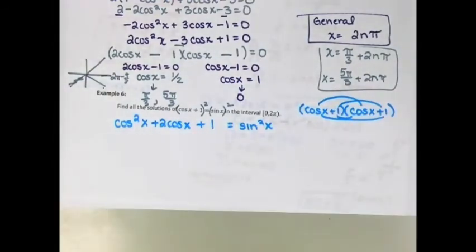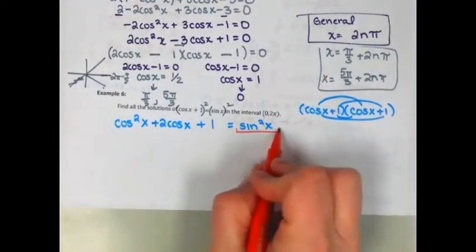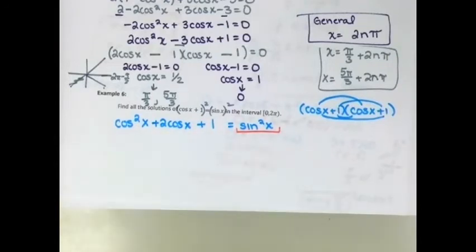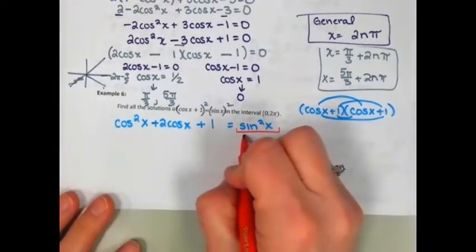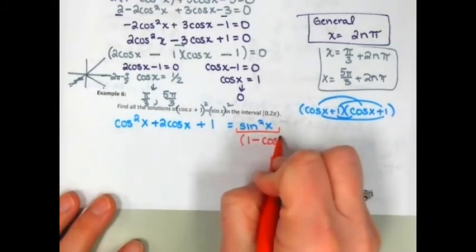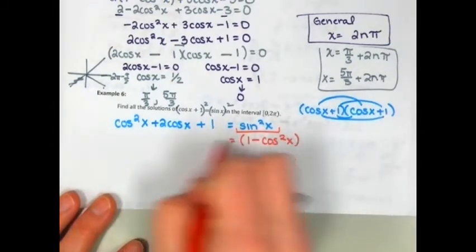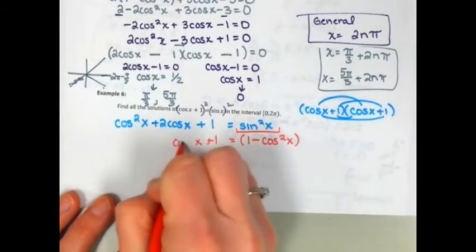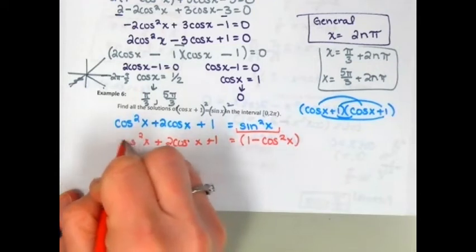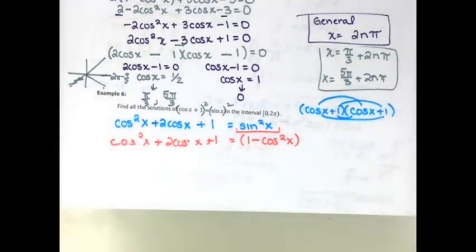Okay. Now, hey guys, we have sine squared x. Can we change sine squared x to something cosine? Yeah, what is sine squared x equal to? Isn't that equal to 1 minus cosine squared x? Yeah.